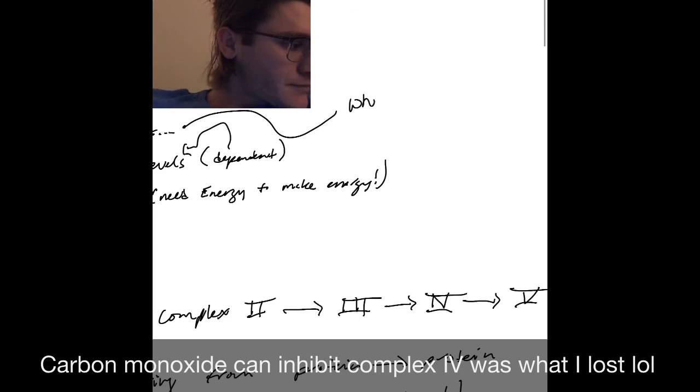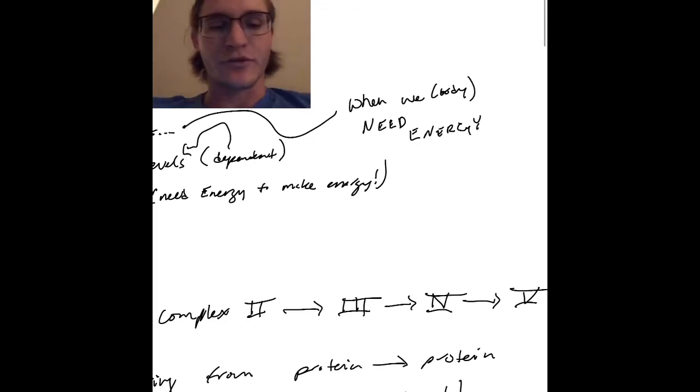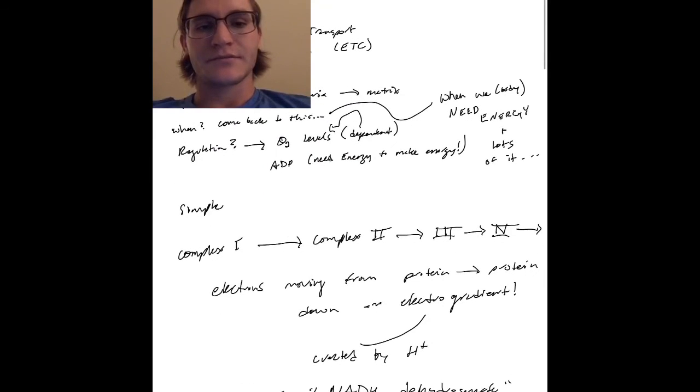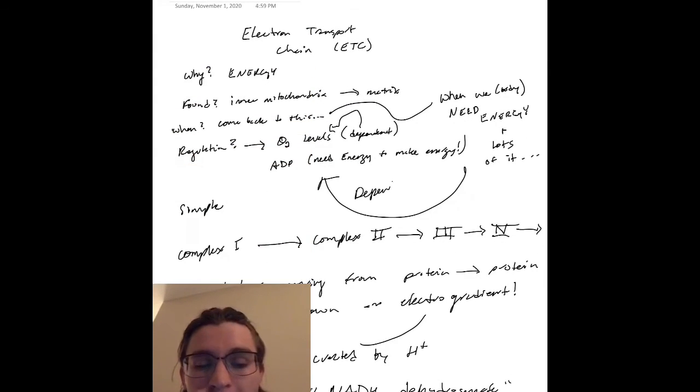I can't find it. But there's different poisons that are going to be able to affect and make holes in the system. So when do we need energy is the answer to when. So whenever our body needs the energy.